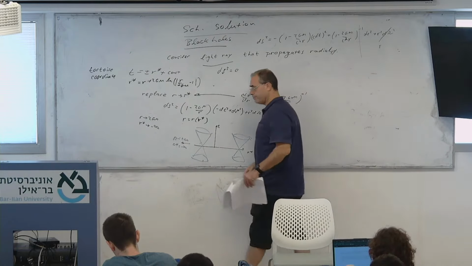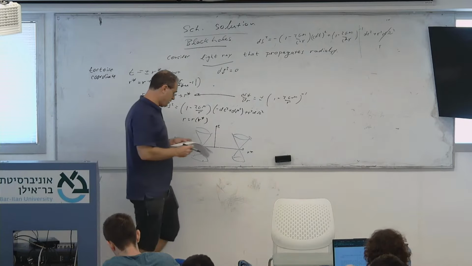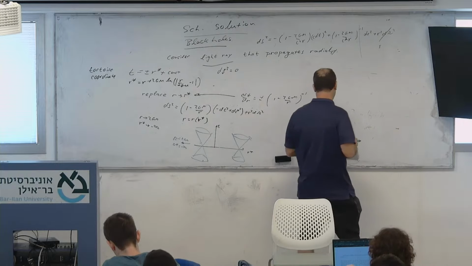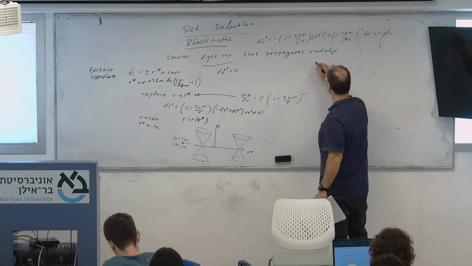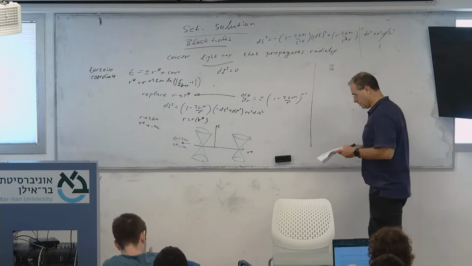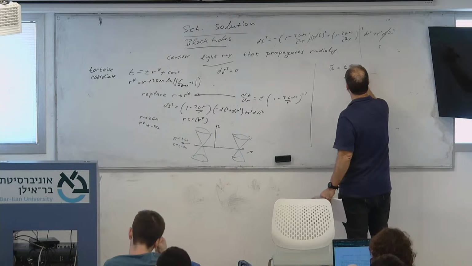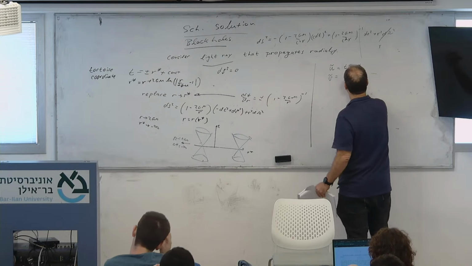The next step is to define again new coordinates, which naturally fit the null geodesics. So it's going to be u tilde and v tilde. So u tilde is t plus r star, and v tilde is t minus r star.